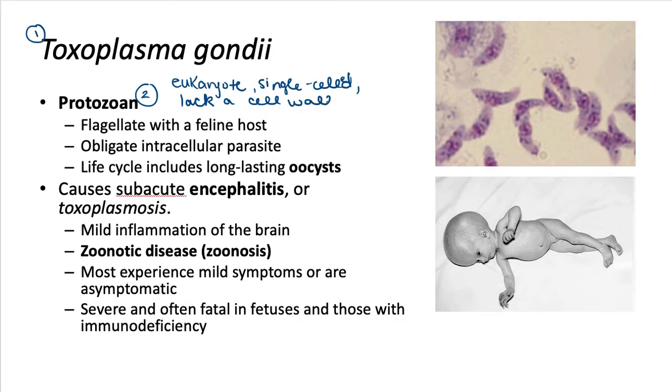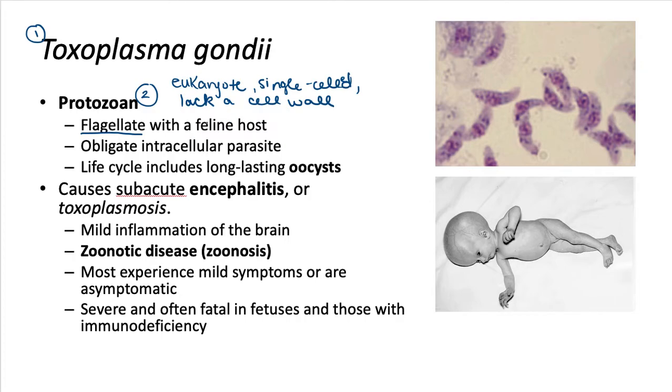Just to review protozoa, we had 4 different types that we learned about in Unit 1: the amoeba, the ciliates, the flagellates, and the apicomplexa. This particular protozoan is a flagellate. You don't need to know that, you just need to know that flagellates are one of the 4 types of protozoa. The host of this pathogen or parasite is a cat or feline host.